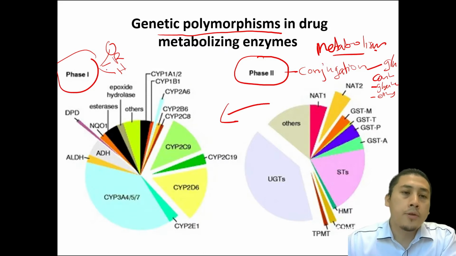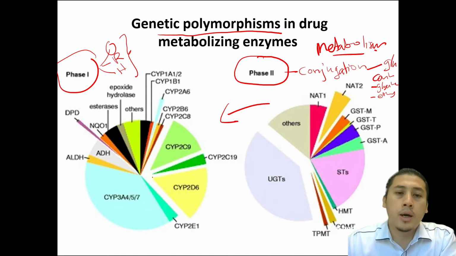In phase 1, for these three chemical reactions, oxidation, reduction, and hydrolysis, most are carried out by cytochrome. Cytochrome is the main enzyme in the liver that works to metabolize all the drugs that come into the body.